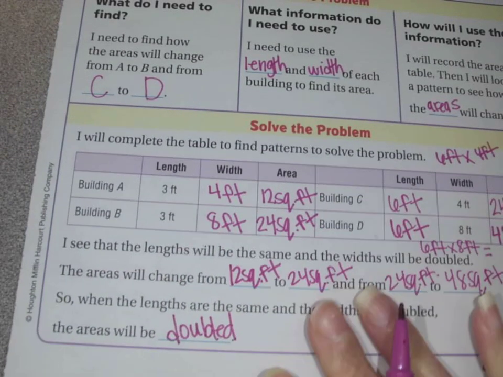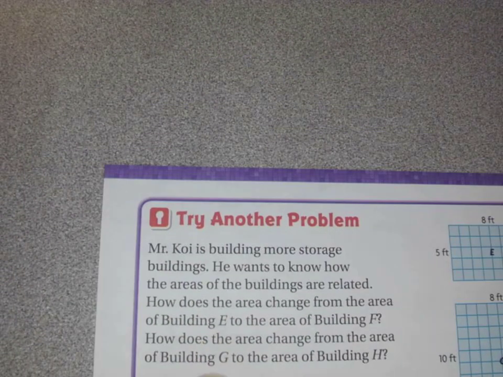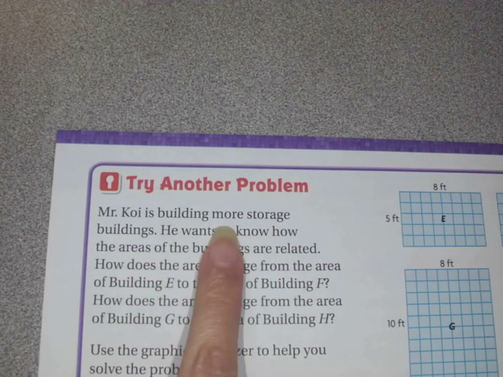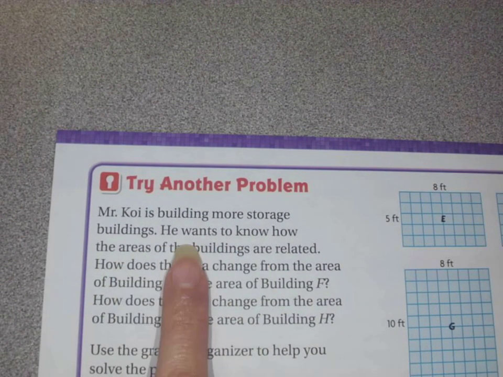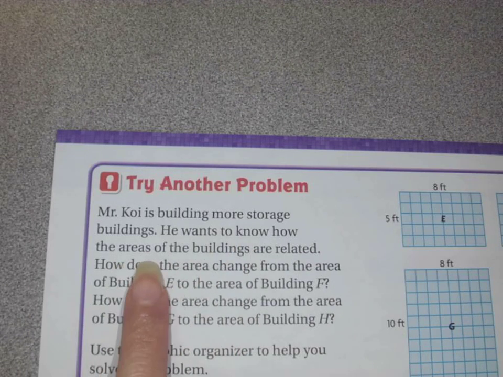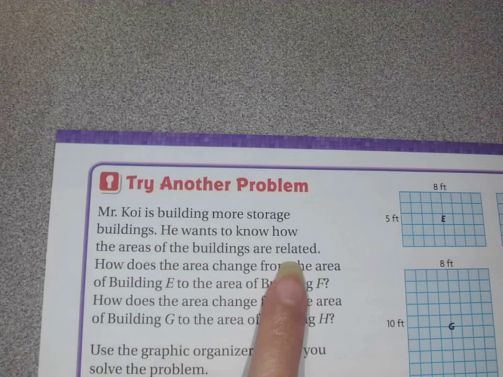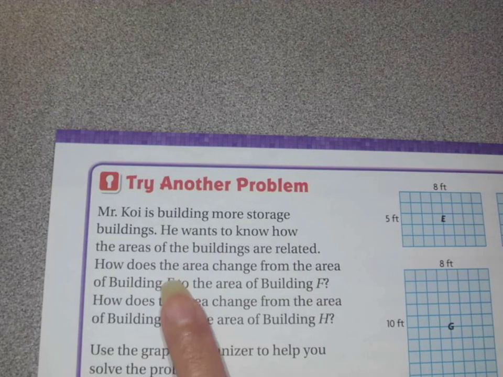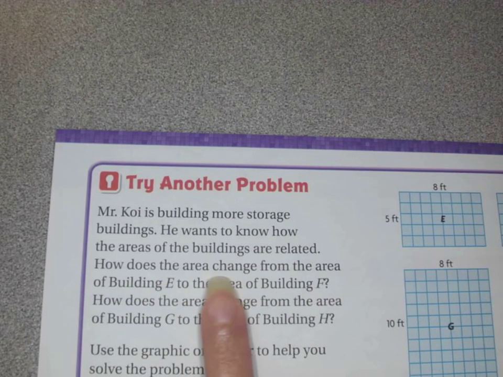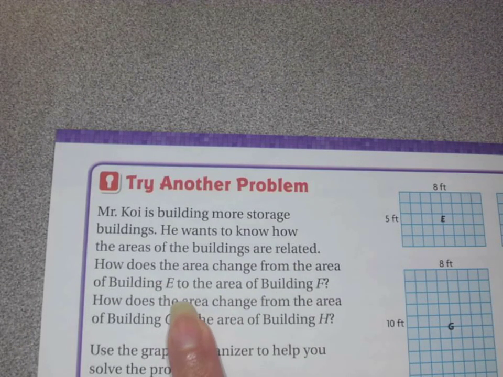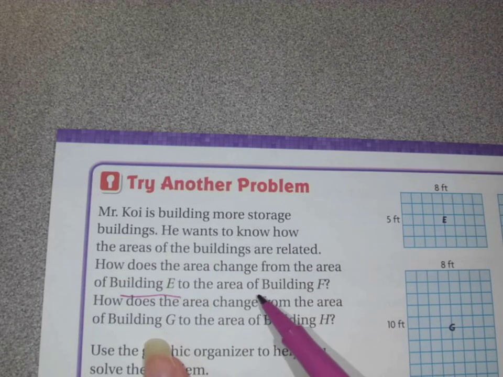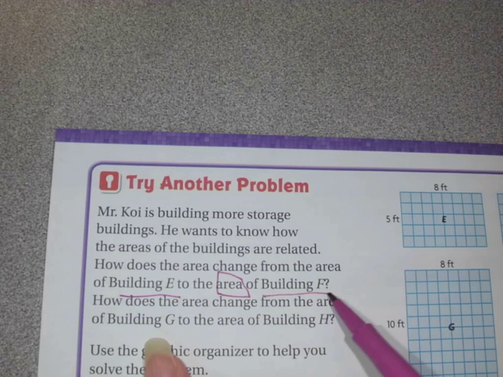Okay, let's look at another example. Let's do one more. Now let's say Mr. Coy is building more storage buildings. He wants to know how the areas of the buildings are related, just like our first example, boys and girls. How does the area change from the area of building E to the area of building F?